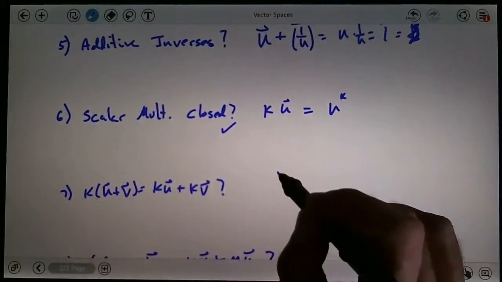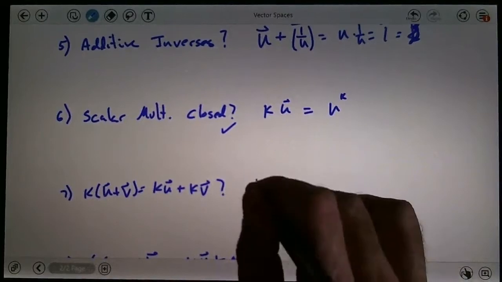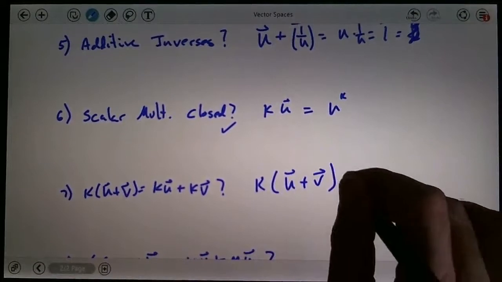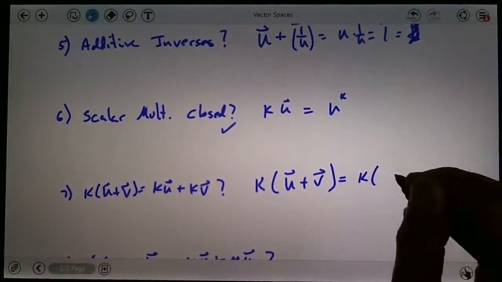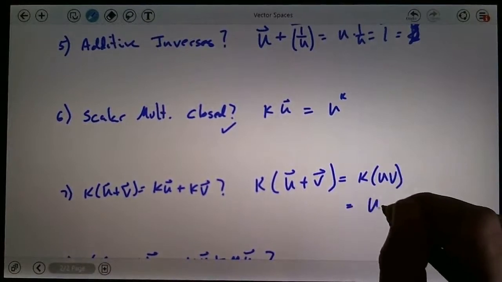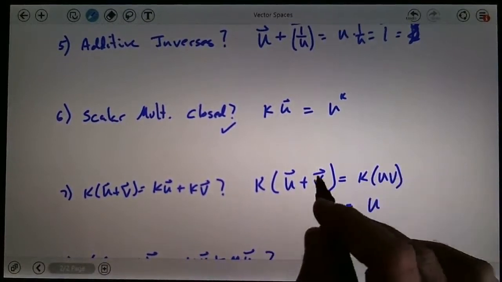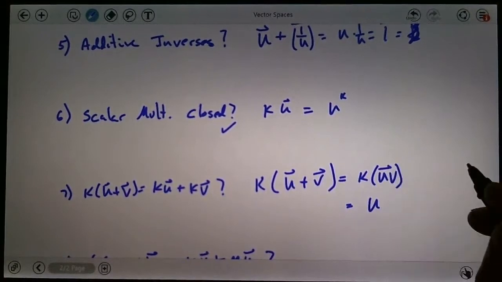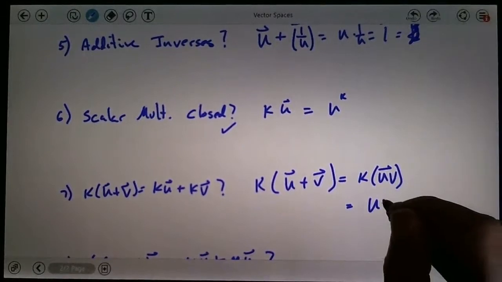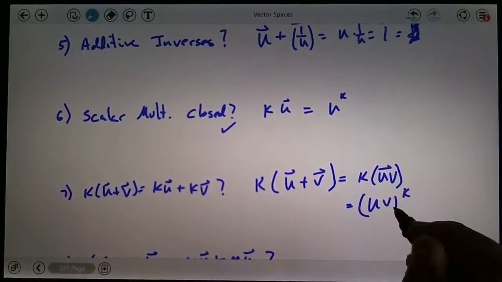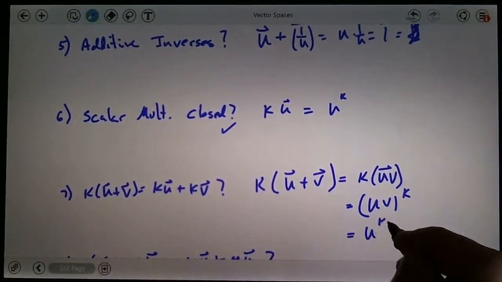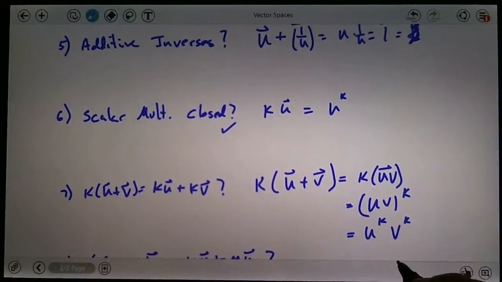Do we have a distributive property here? If I take a scalar times the sum of two vectors, that would be the real number k times the vector corresponding to u times v, which would be u times v raised to the k power. But there's a property of exponents that if you raise this product to the k power, that's the same as u to the k times v to the k.